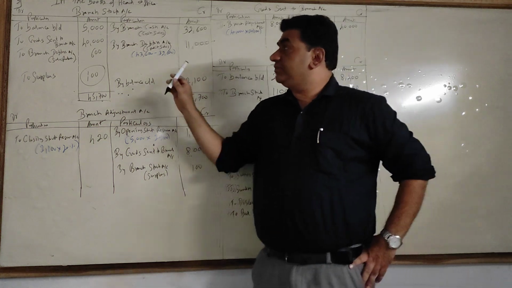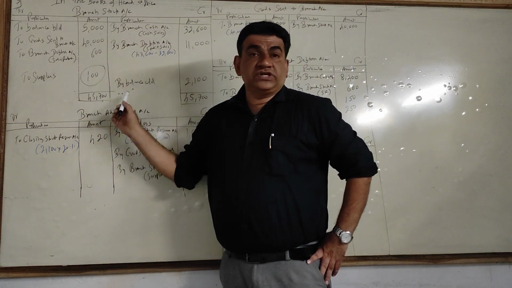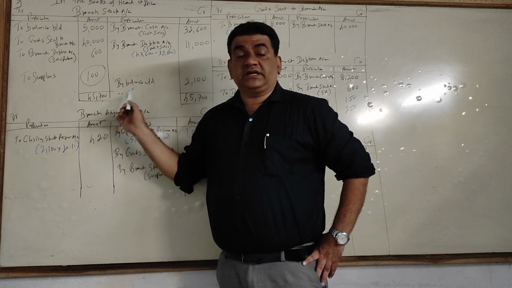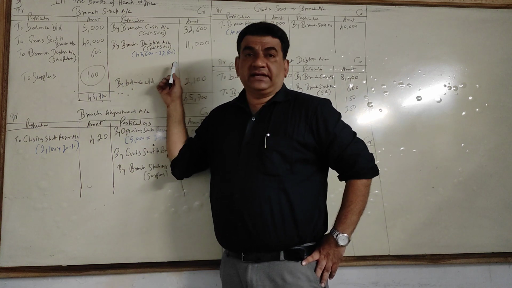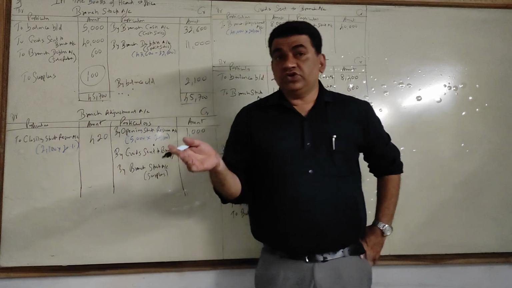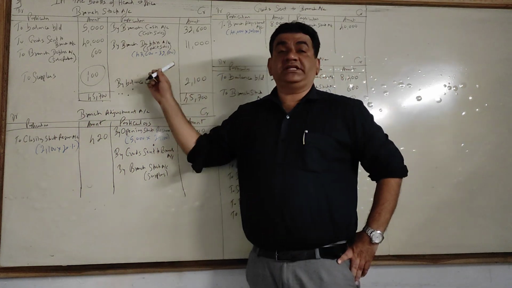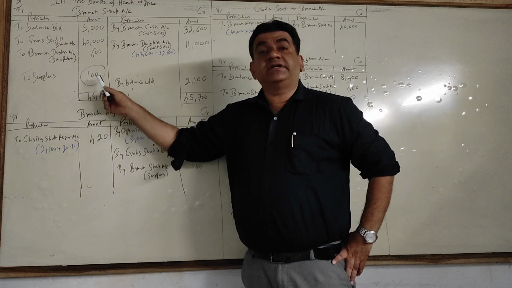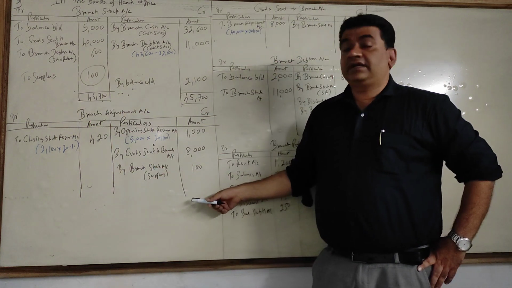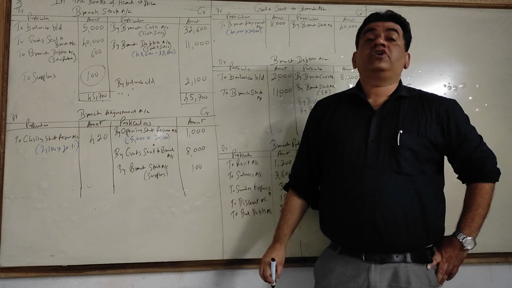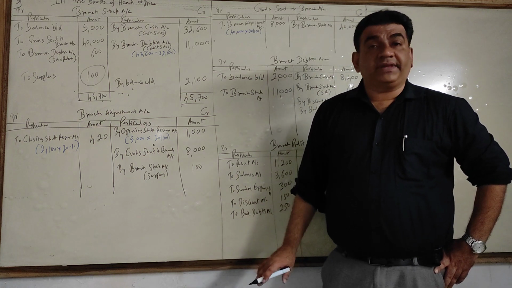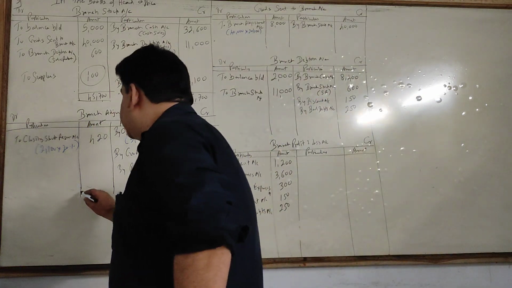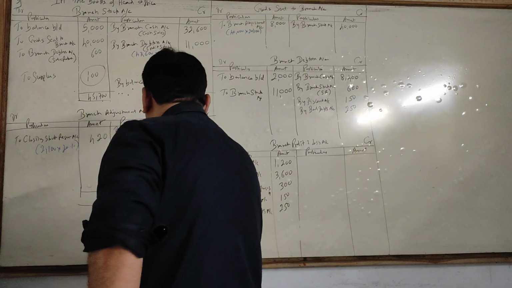I repeat, यहाँ पे surplus क्यों है? Opening भी है, closing भी है, goods sent to branch भी है, sales भी है. So this is nothing but surplus. Now see, अगर यहाँ पे आता credit side पे, that means goods have gone. So that would have been shortage, and that shortage would have come here. So this 100 is nothing but surplus, which you will credit to branch adjustment, because it is full profit for me. Got it? Now you close branch adjustment and see the difference.